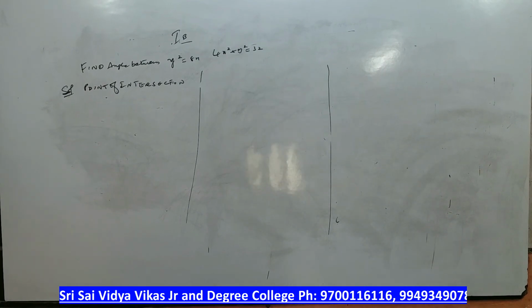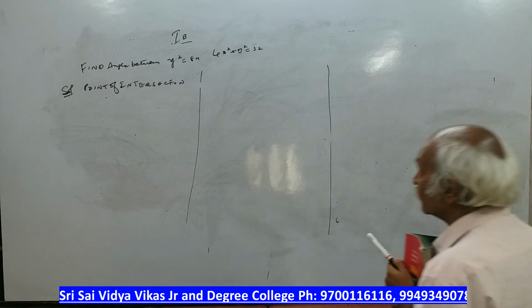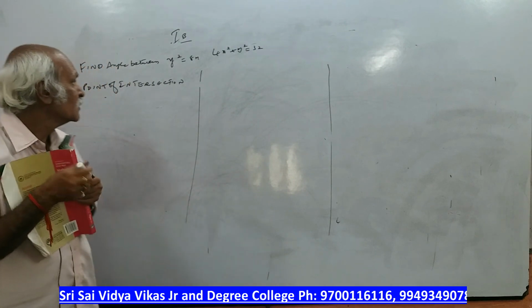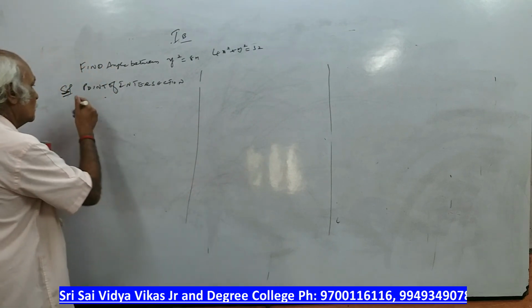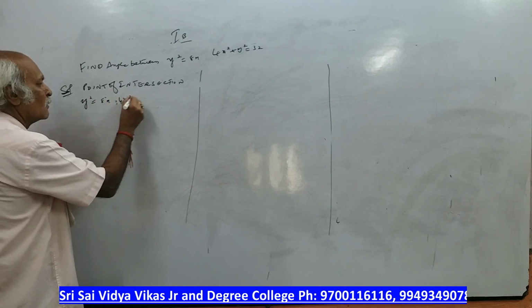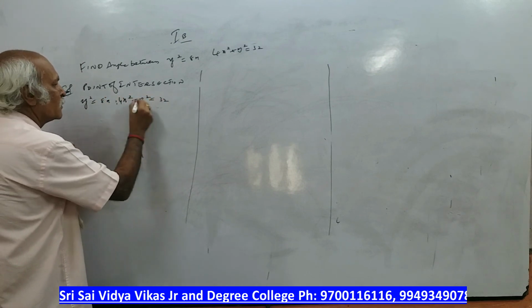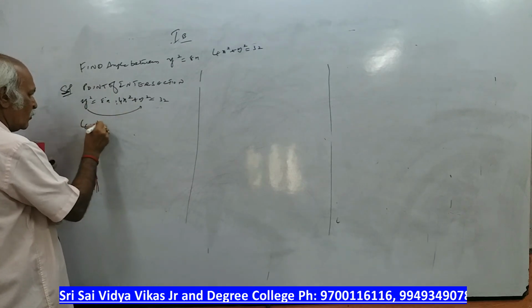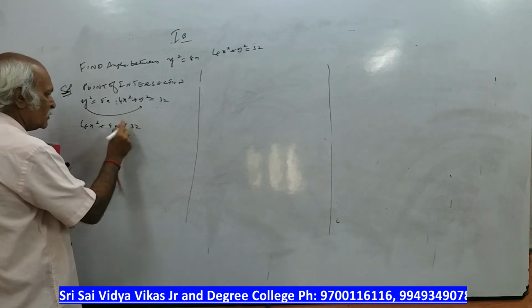Okay, next problem. Again, y square is equal to 8x, 4x square plus y square is equal to 32. The procedure is the same, sir. Again y square you put here. And sir, 4x square plus 8x is equal to 32.